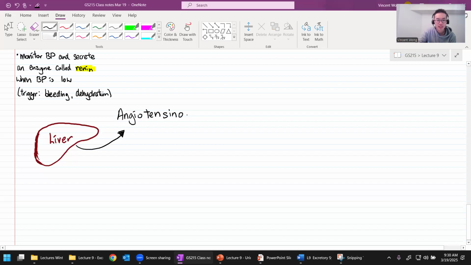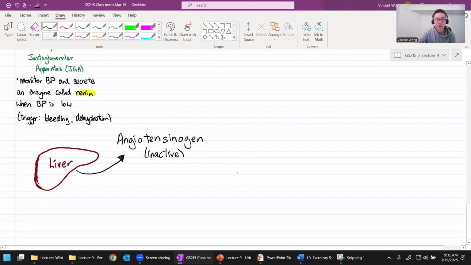And then ogen. Ogen means inactive. Angiotensinogen. This is inactive. Remember pepsinogen, fibrinogen. Ogen is the inactive version of the enzyme in this case.